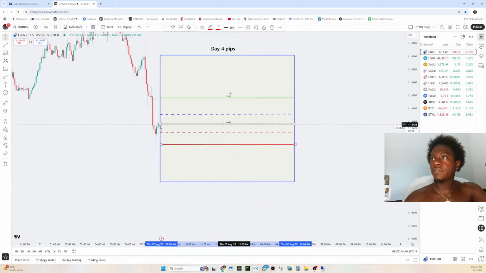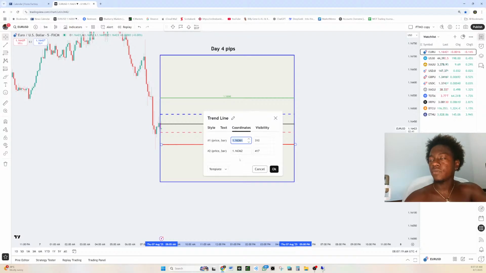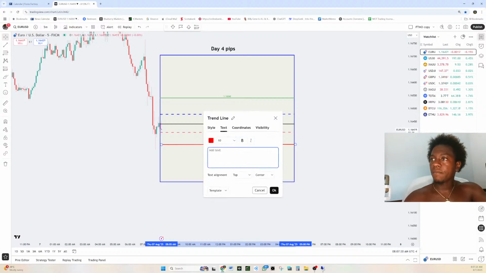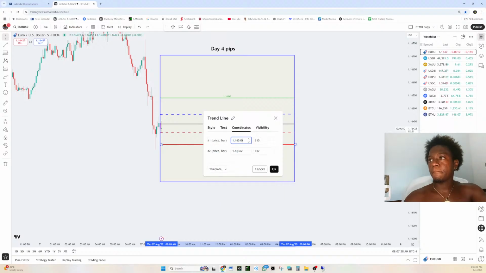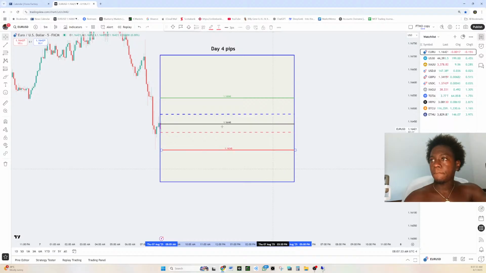And then this one is 1.16340. And then this one is gonna be the sell stop. If I add 5 pips to 1.16340, I get 1.16390.